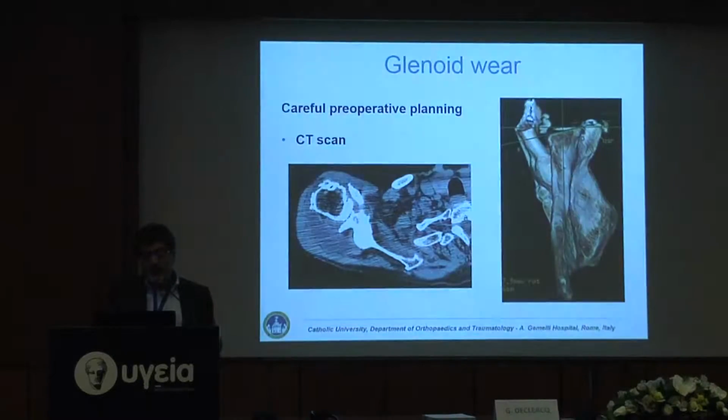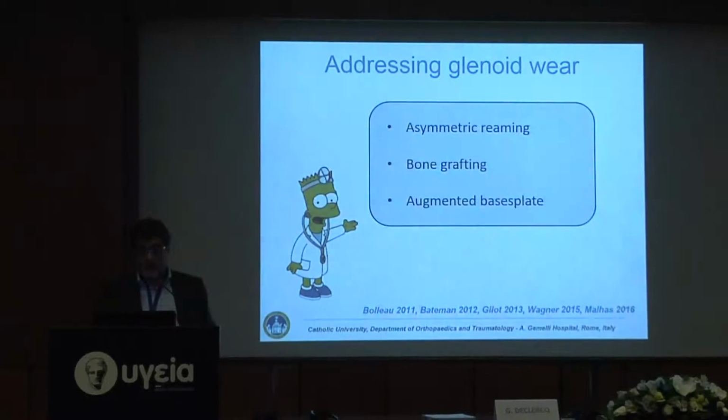So today the most used imaging tool is the CT scan, and as Chris Ahmad showed some years ago, even the 2D CT scan tends to underestimate the glenoid retroversion. So the 3D CT scan with suppression of the humeral head is the most accurate to assess the glenoid wear.